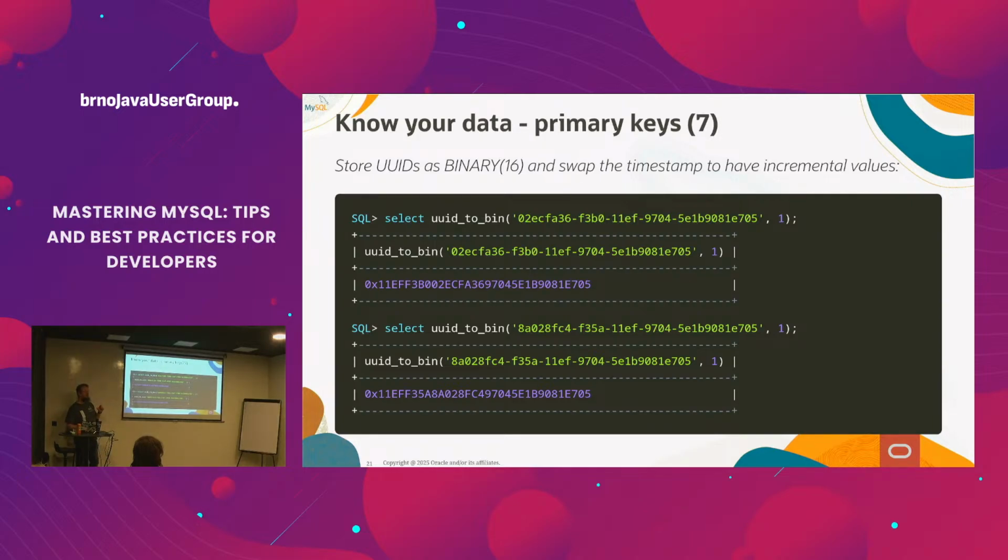So now they will be sorted, so when we insert them, we will insert them in order. They will be sequential. So if you are using UUIDs, not an issue, but you need to store them as binary 16 and swap them. So you do UUID_TO_BIN, and you see here you have the value as a binary.